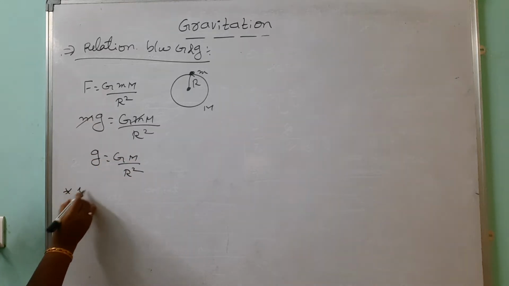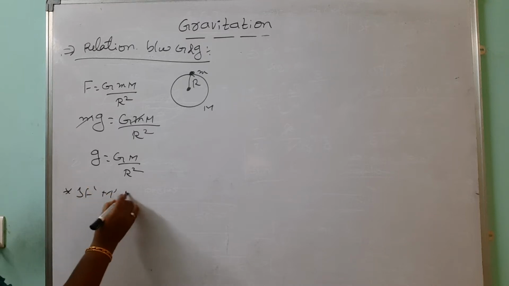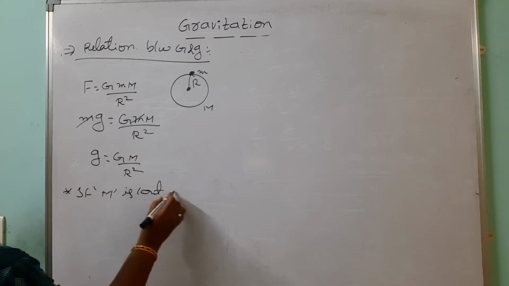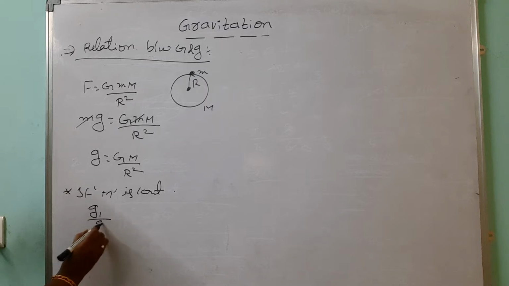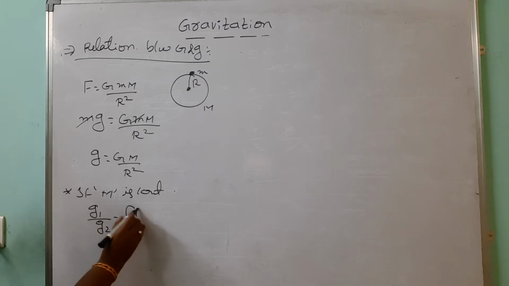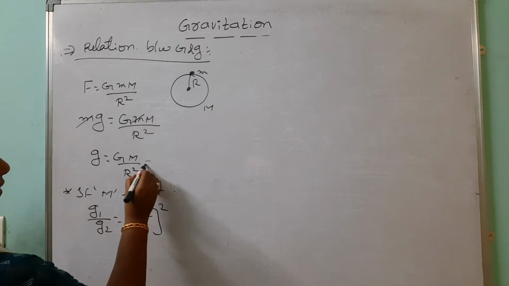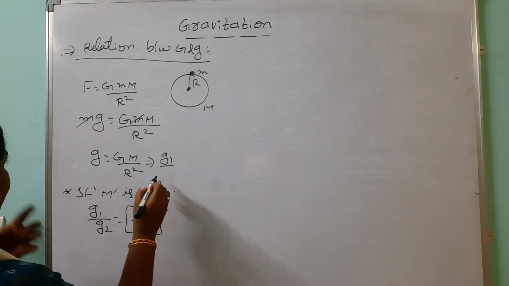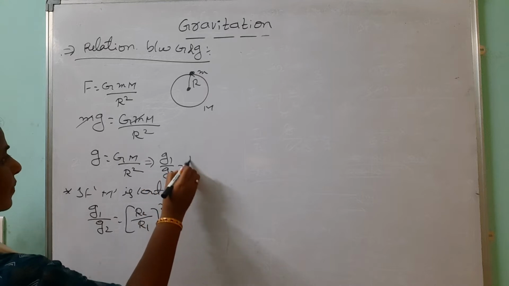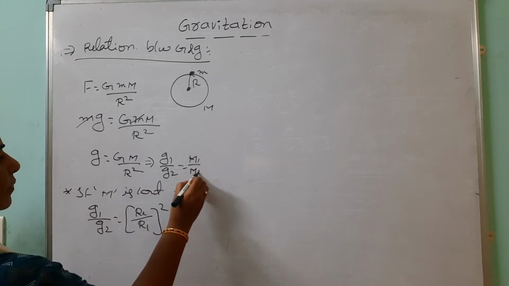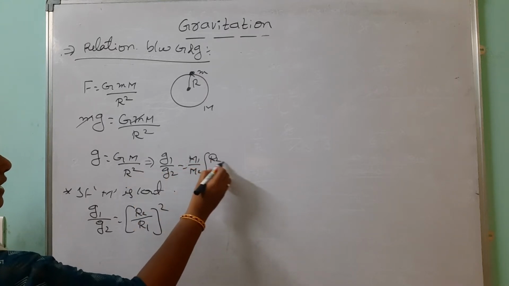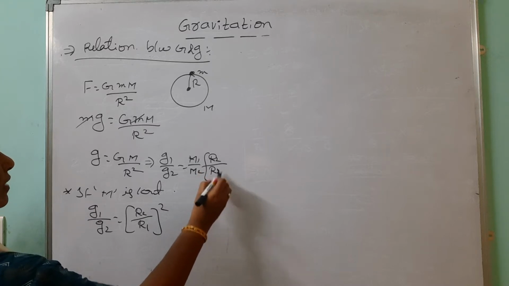Look here, if mass is constant, if M is constant, what are we writing? g1 by g2 equals R2 by R1 whole square. If suppose you should consider mass also, g1 by g2 equals M1 by M2 into, this is inversely proportional, so we can take R2 by R1 whole square.